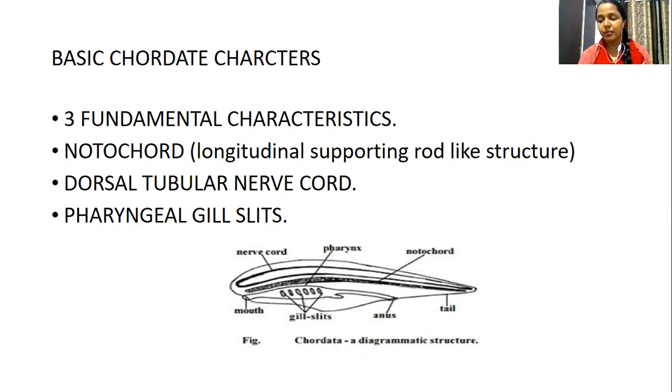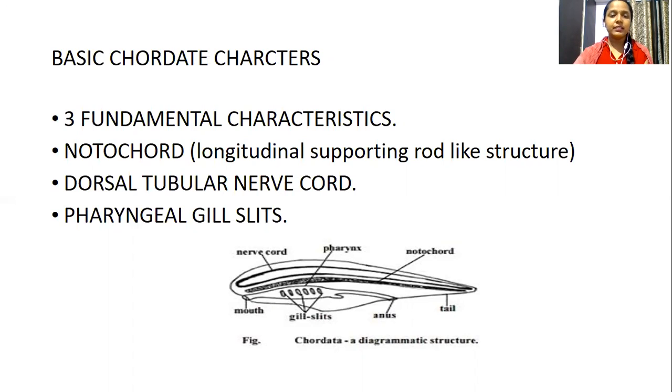That is what we call the chordates. First, we'll concentrate mainly on the basic chordate characters. The phylum Chordata was first created by Balfour in the year 1880.